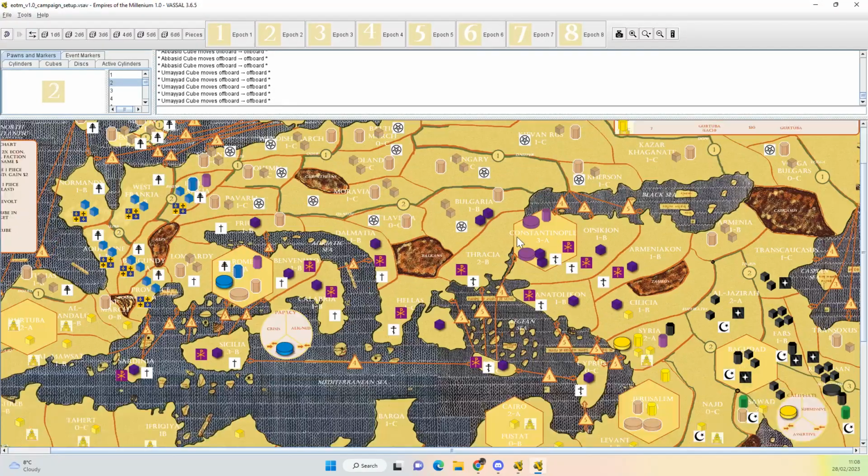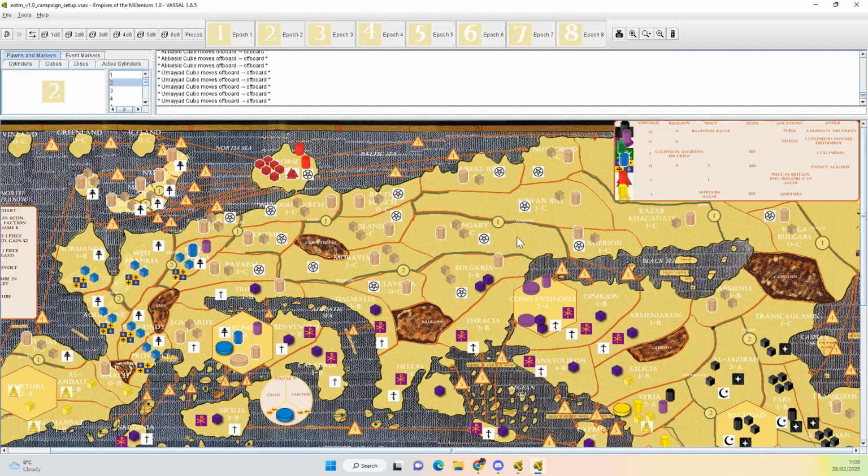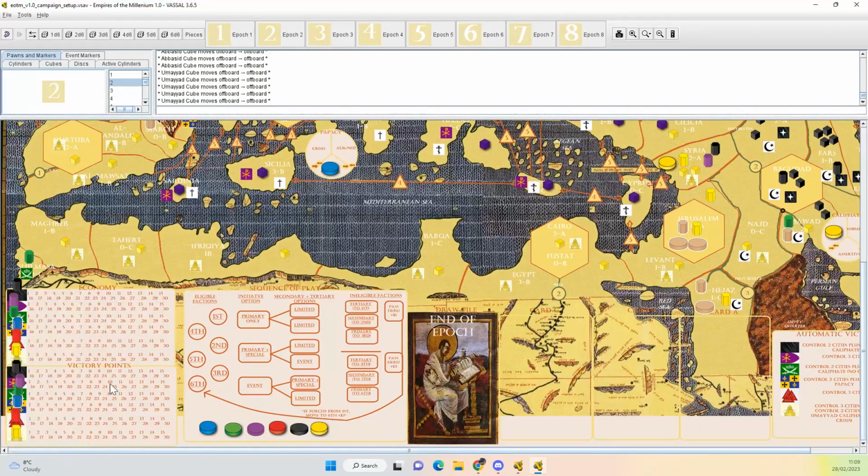Here's the map that we play the game on, and the boundaries of the map go from Vinland here in the northwest corner, which is what the Vikings called North America when they landed, down into the Maghreb and Sijilmasa in North Africa.